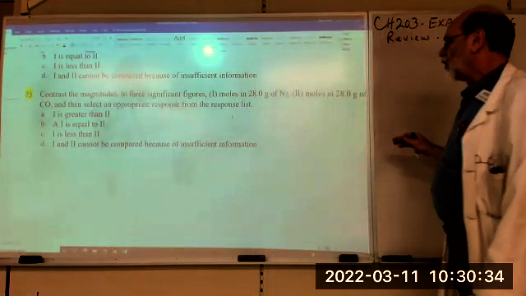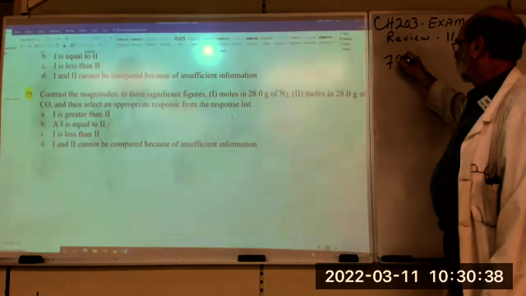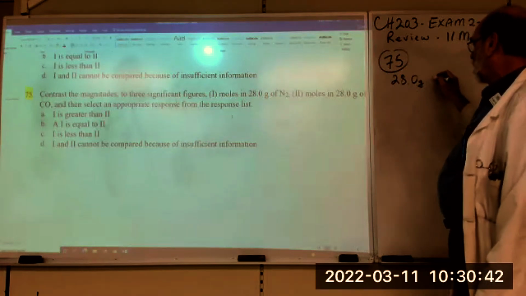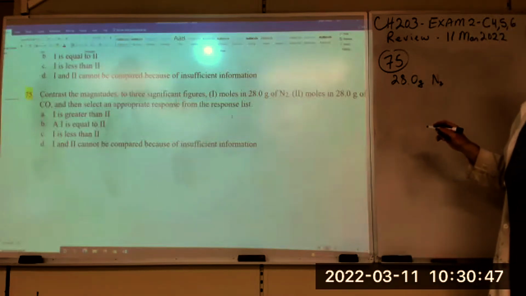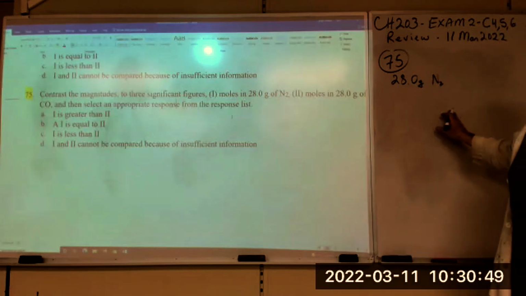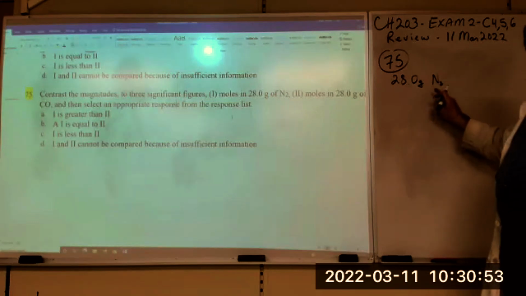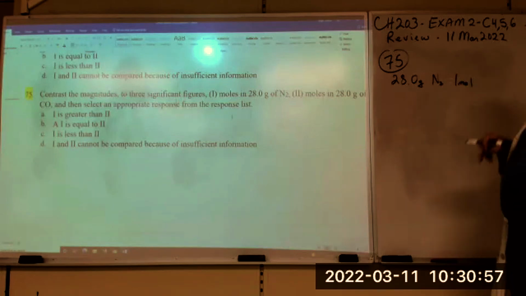Okay, so the moles in 28 grams of nitrogen. If we have 28 grams of dinitrogen, that's 1 mole of molecules, because each nitrogen is 14, so 28 grams is the molar mass for that molecule. So this is 1 mole of nitrogen.